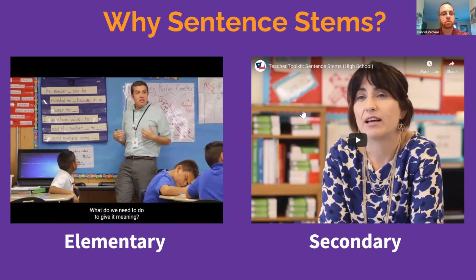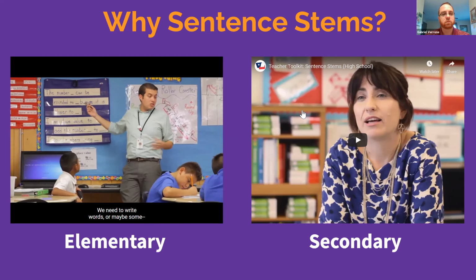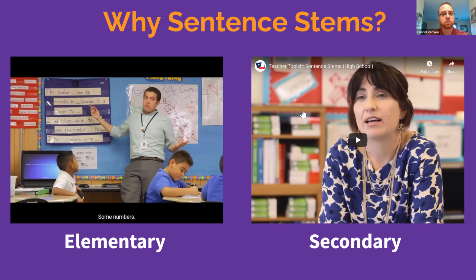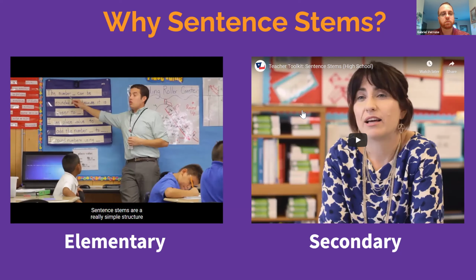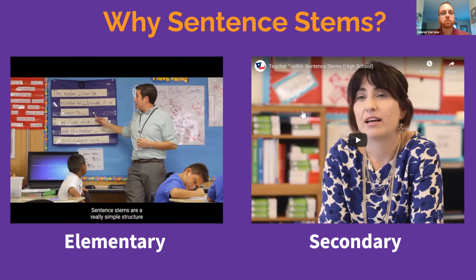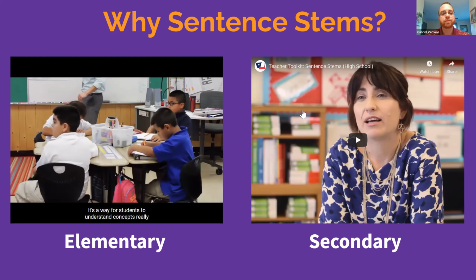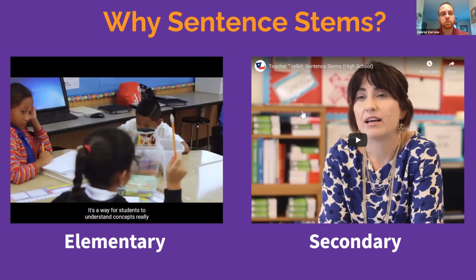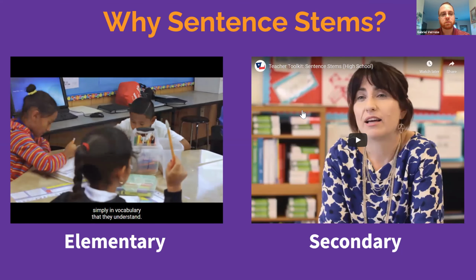No. What do we need to do to give it meaning? Write some words. We need to write some words or maybe some numbers. That's right. Sentence stems are a really simple structure for organizing knowledge.